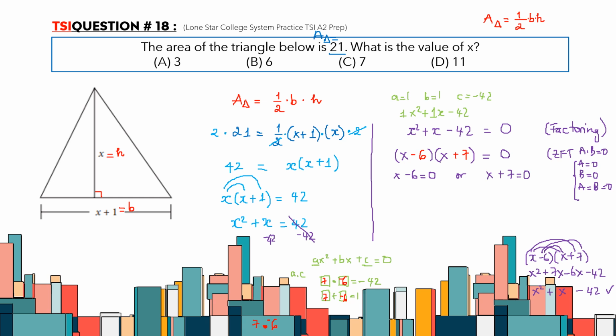Now solve for x. We add 6 to both sides, so this one cancels and we isolate x on the left hand side. x equals 6. Pause it. And then we go to x plus 7 equals 0. We subtract 7 from both sides, so we isolate x on the left hand side. On the right hand side we have x equals negative 7.